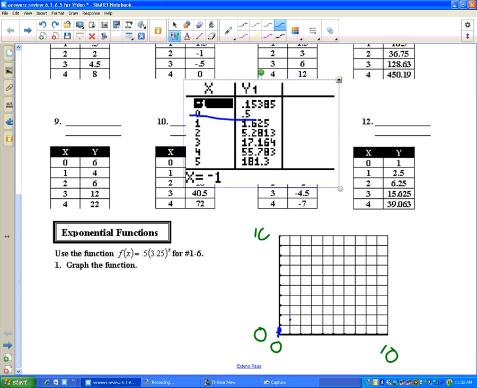So that's a little more than 1.5. 2 is 5.28. 2 is 1, 2, 3, 4, 5.28 will be right there. And so my graph does something like that. There's the graph that it asked me to graph. So it's 0.5 times 3.25 to the x power.